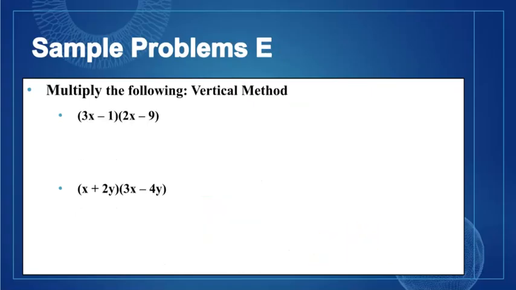The next examples, we're going to be showing the vertical method. So here we got 3x minus 1 times 2x minus 9. So I'm going to distribute the negative 9. Negative 9 times negative 1 is a positive 9. Negative 9 times 3x is a negative 27x.